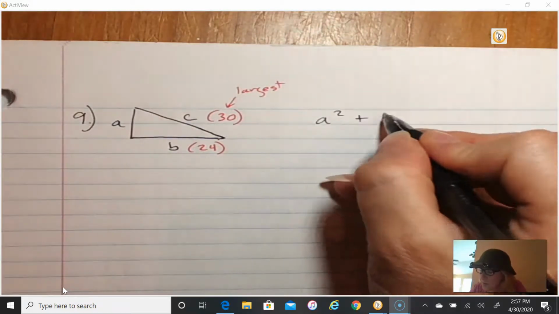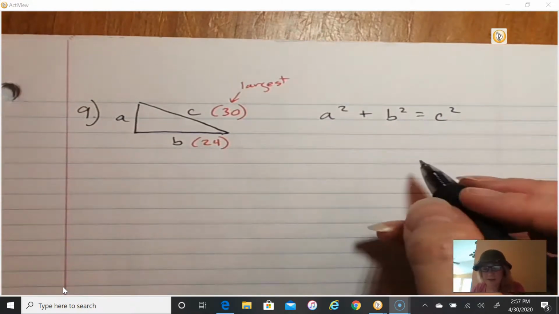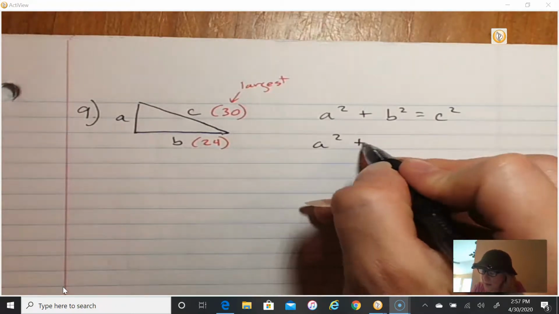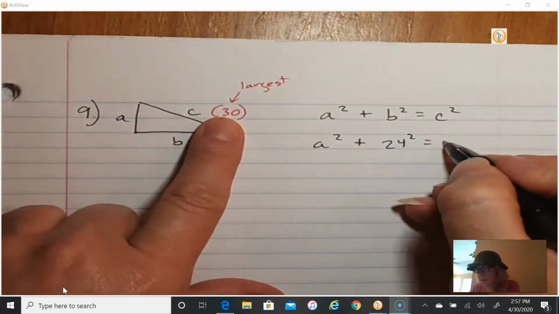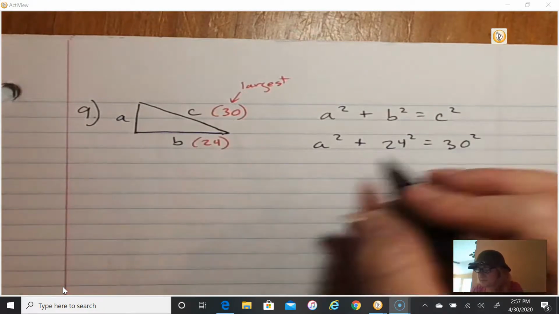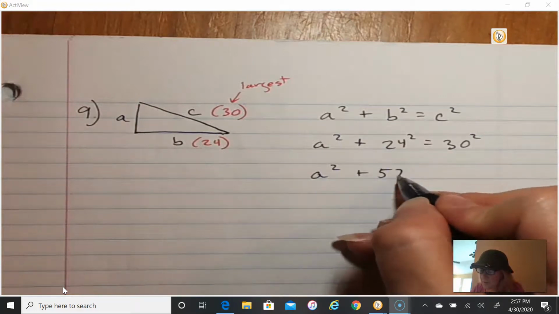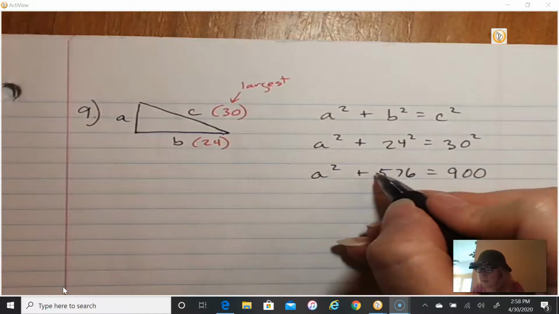A squared plus B squared equals C squared. Okay, did they give us the A? No. B is 24 squared. Hypotenuse is 30 squared. 24 squared is 576. 30 squared is 900.